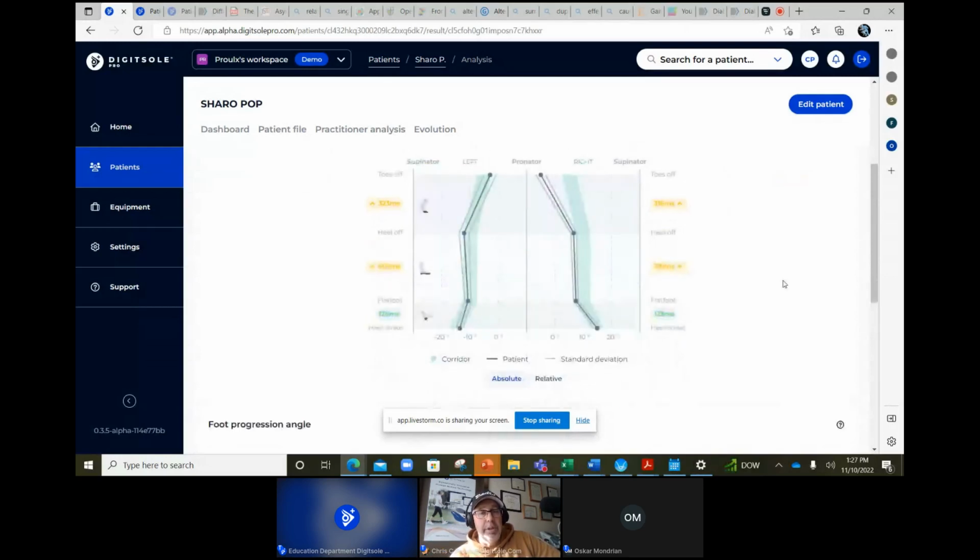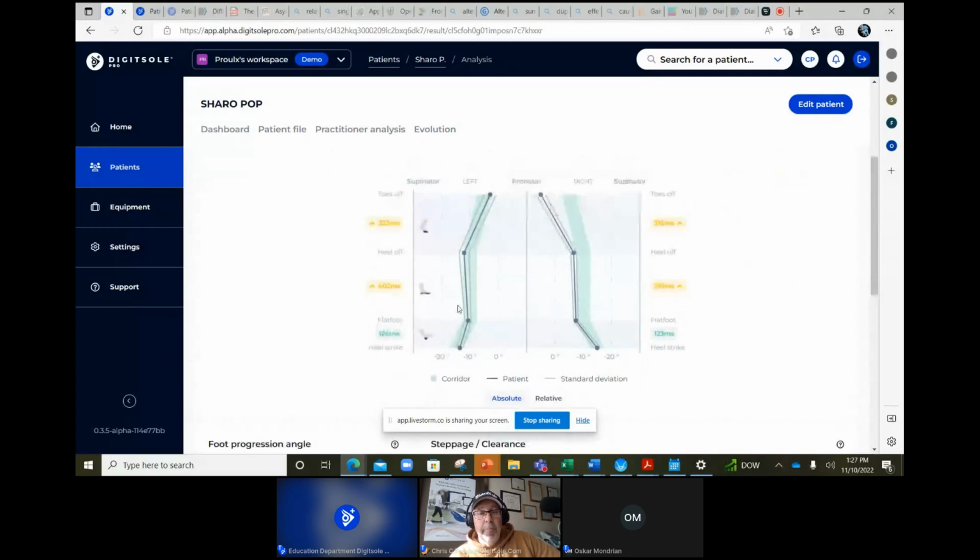This was interesting because when I first did the history on the patient, I like to do the history first because then it gives me some thoughts when I'm doing this analysis on someone, and then I show them the data after the fact. So we were looking at this, and I said, okay, there's definitely some asymmetry here. That's another characteristic I always look at: if this was equal side to side, this may be how they are.